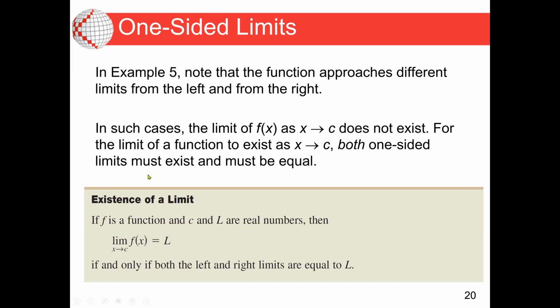So that's the definition for existence of a limit. If f is a function and c and L are real numbers, then the limit of f(x) as x approaches c is equal to L if and only if both the left and right limits are equal to L.